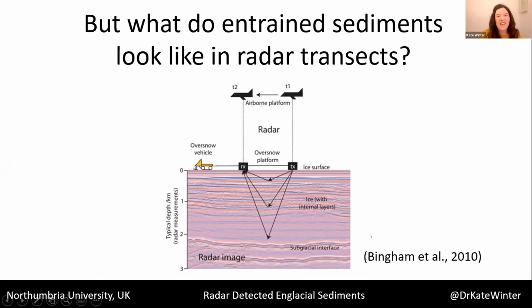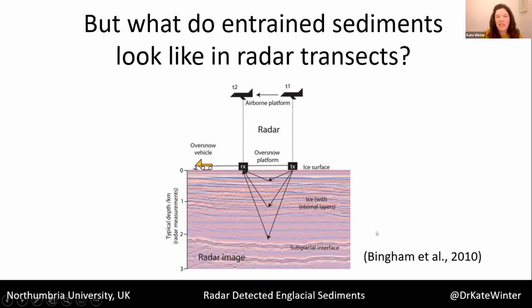So this is how radar works. It's a bit like taking a CT scan or an X-ray. You peer beneath the surface and you see what's going on underneath it. It's this fantastic tool that's been developed for over 50 years now, and it's been improving with age, like a fine wine. Radar works by having a transmitting unit that sends a signal down into the ice, and that pings off layers in the ice, so seasonal layers in the ice or tephras and rocks, and also pings off the subglacial interface as well, so the glacial bed.